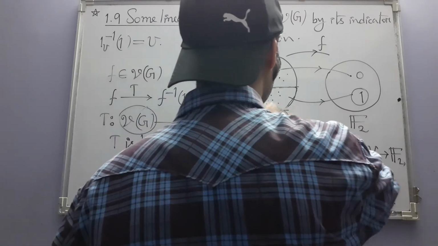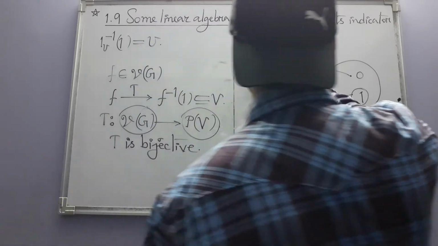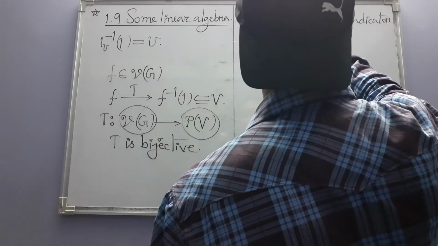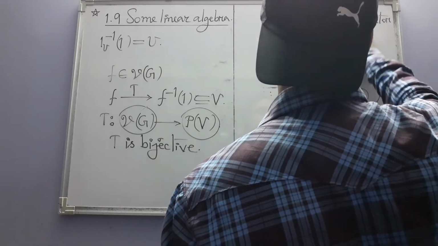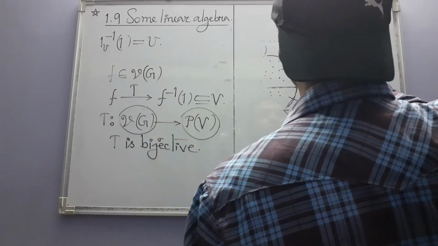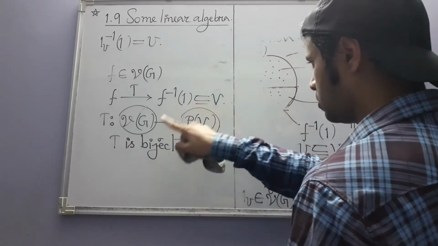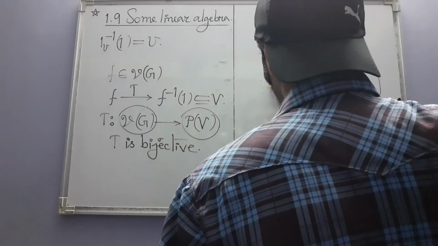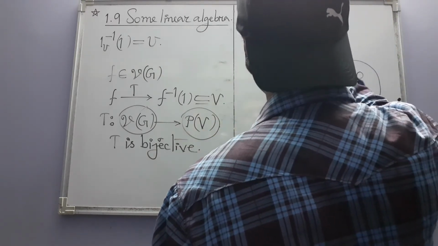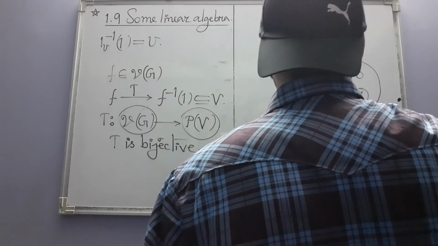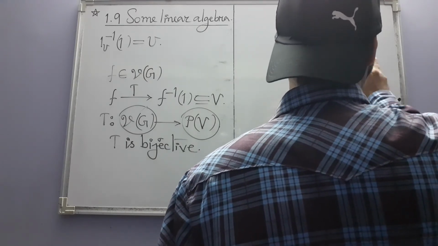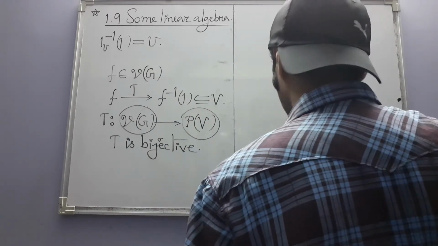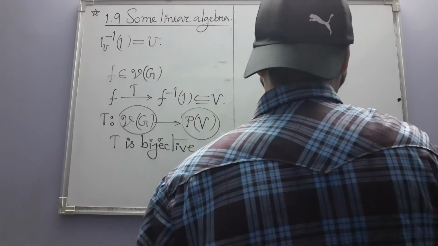You can understand that just like two functions in nu of G can be added together to give you a third function, the corresponding images of those two functions in the power set, that is two subsets, can they also be added similarly, so that this association T is respected?